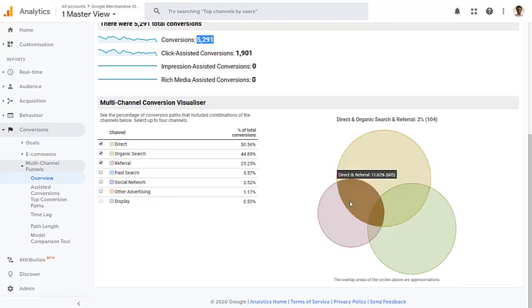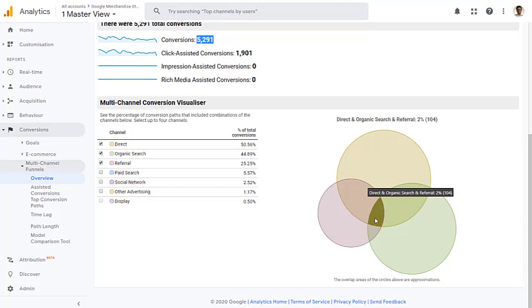Then I have direct and referral working together, a conversion of 605. Then I also have, in small quantity, organic and referral working together, 160 conversions. Now if I move my mouse cursor here, I see that for 104 conversions, direct, organic and referral, all three, have worked together.